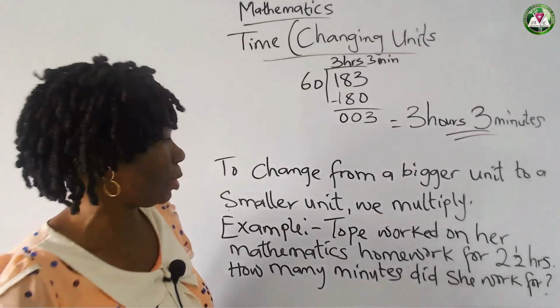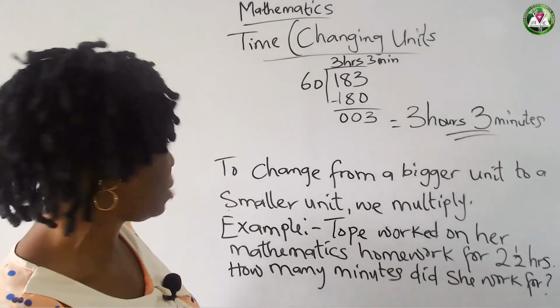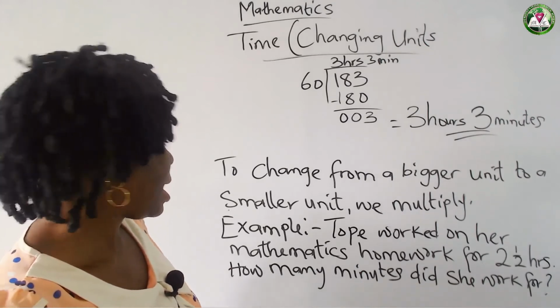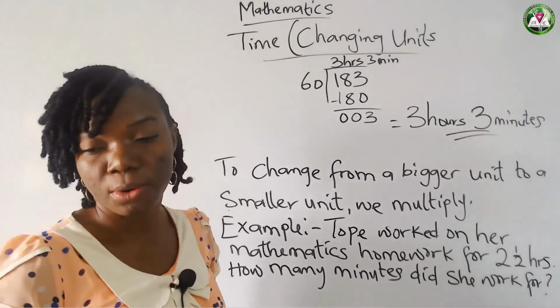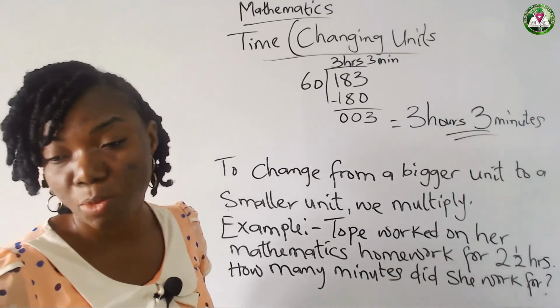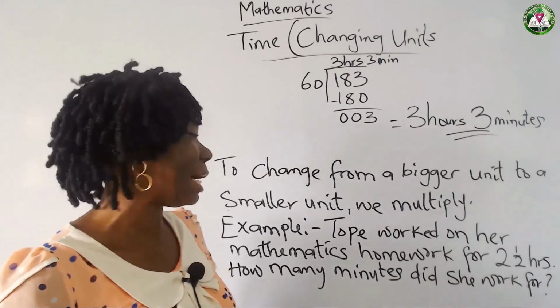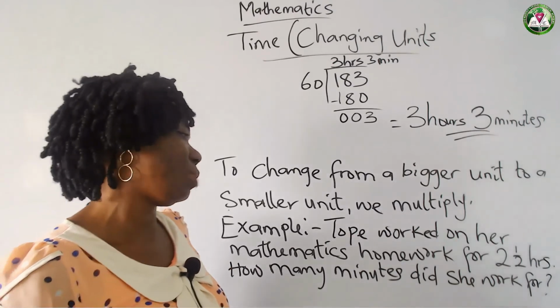The example we have on the board says, Tope worked on her mathematics homework for 2.5 hours. How many minutes did she work for? She worked on the mathematics homework for 2.5 hours. The question is, how many minutes did she work for?